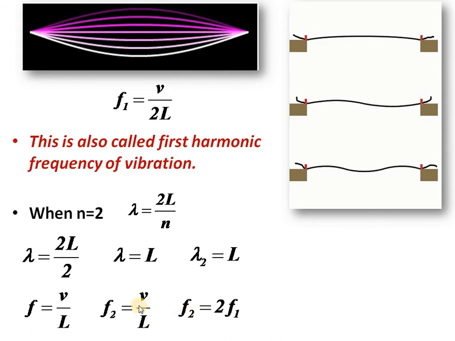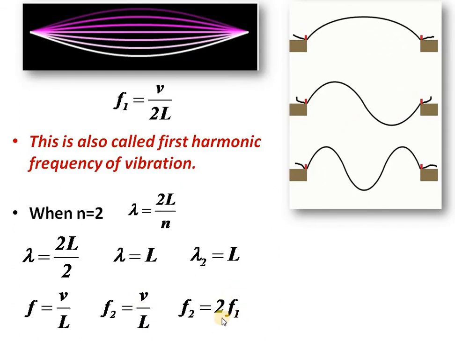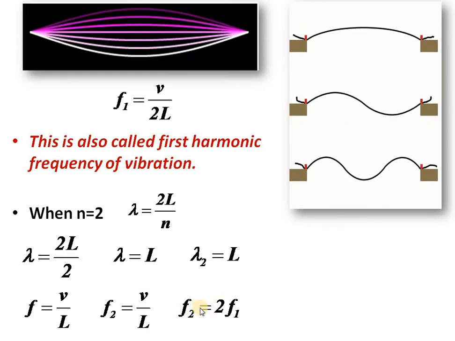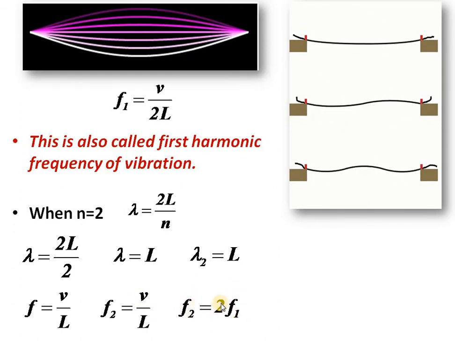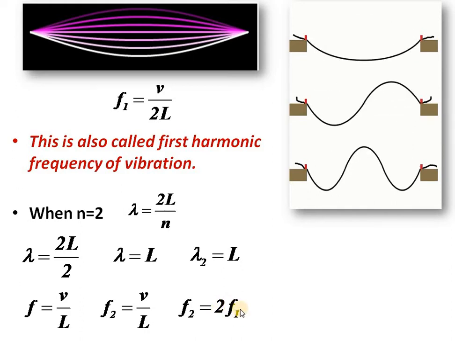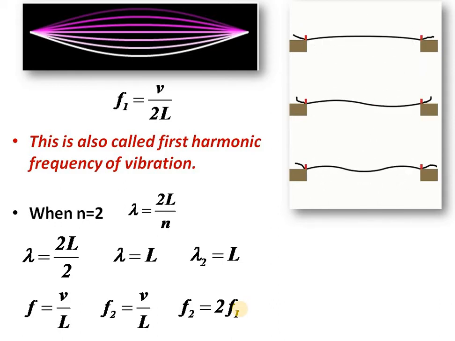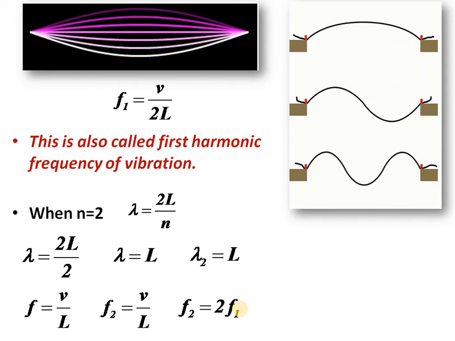And obviously this is 2 times the fundamental frequency. So you can write second harmonic frequency is equal to 2 times the fundamental frequency. Suppose initially the string is vibrating with a frequency 10 Hz. Now the string can vibrate with a frequency 20 Hz.